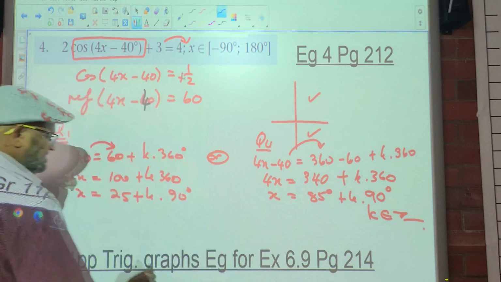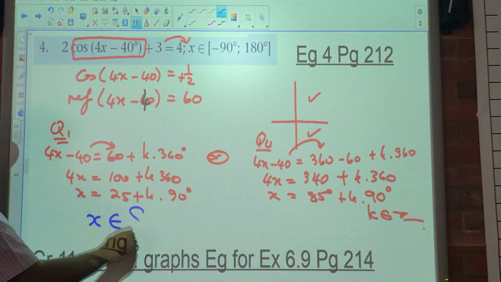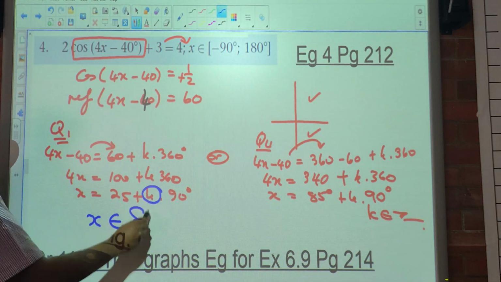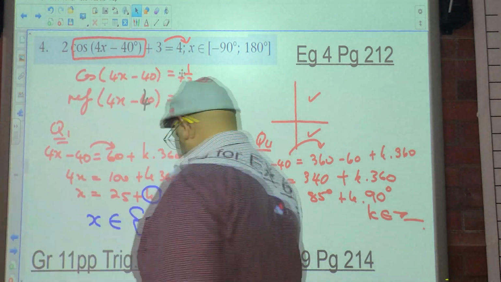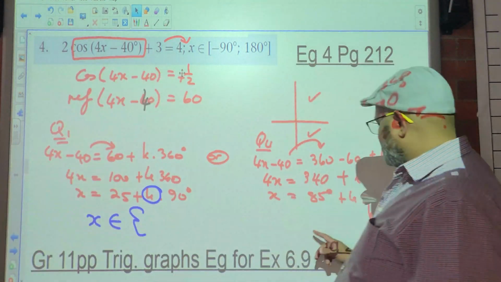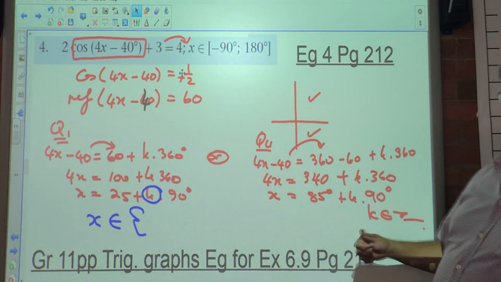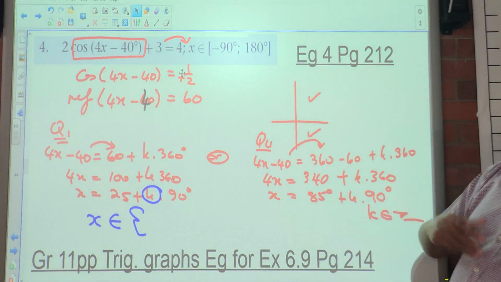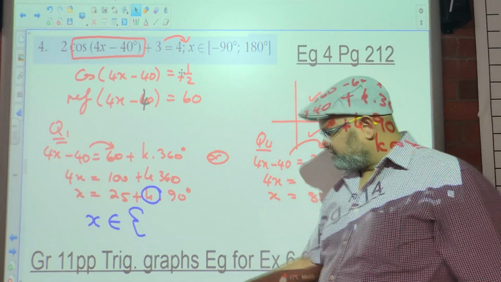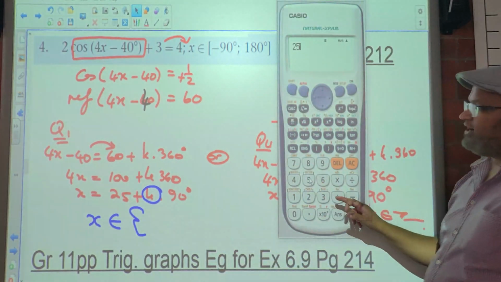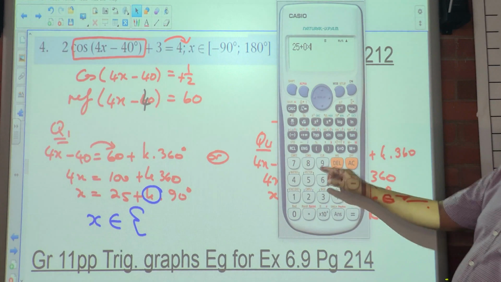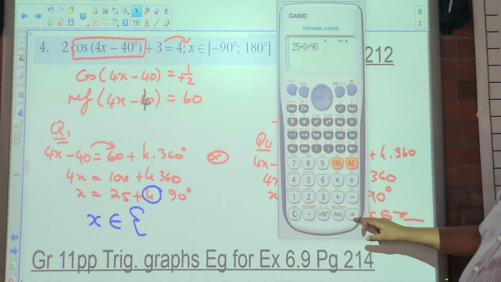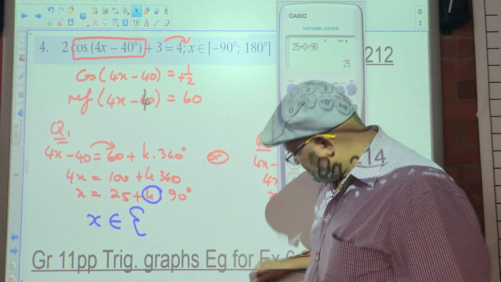What do I do? I now list, saying x is an element of. I then substitute 0 in there. And that is why we say k is an element of integers. The values are going to be 0, 1, 2, 3 till infinity, and minus 1, minus 2, minus 3 to negative infinity. So that will be 25 plus 0 times 90. We know that's going to give you 25, which is within the given domain.